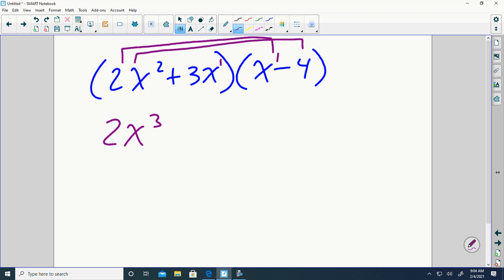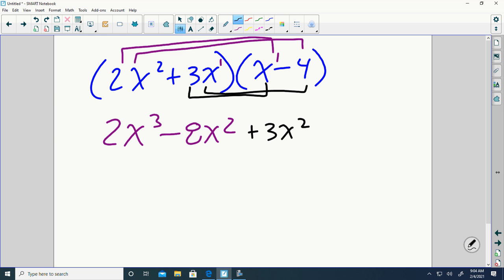Negative 8? Three x to the first times x to the first. 3x squared. 3x times negative 4, negative 12x.